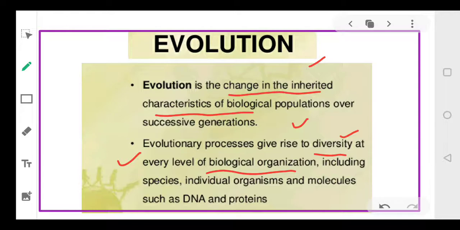I hope you remember we have talked about the taxonomic categories, the species, family, genera, order, class. So the evolutionary processes are occurring at each stage of those taxonomic categories, resulting in species or individual organisms, and bringing about changes in the DNA and the proteins also.